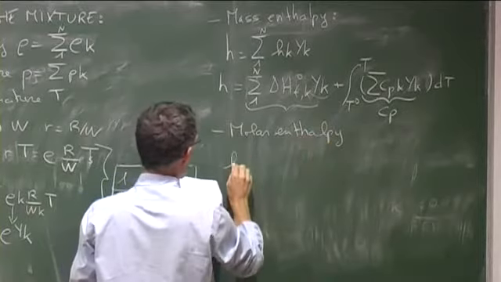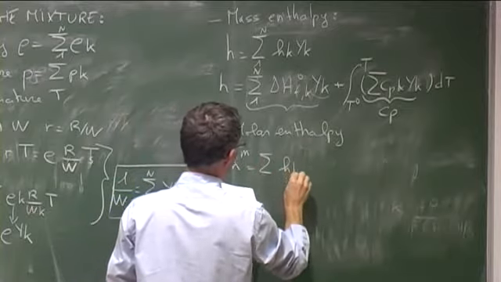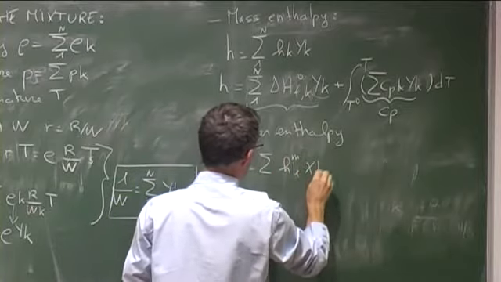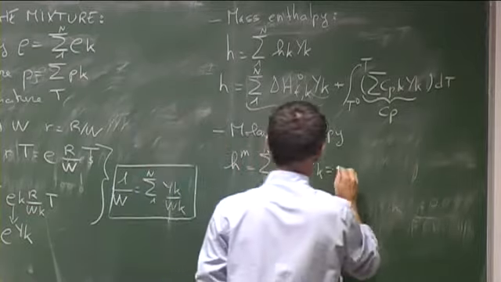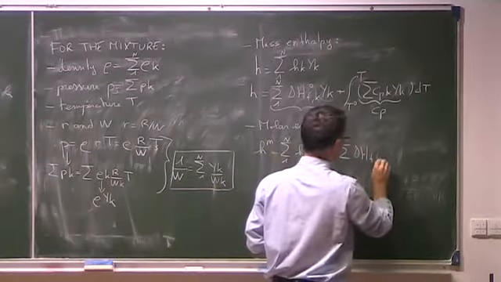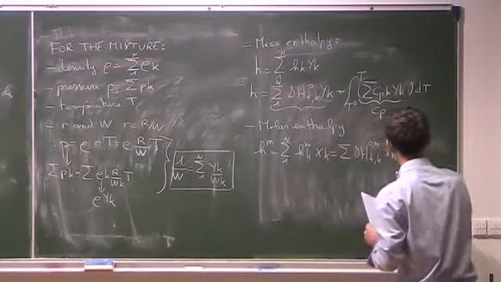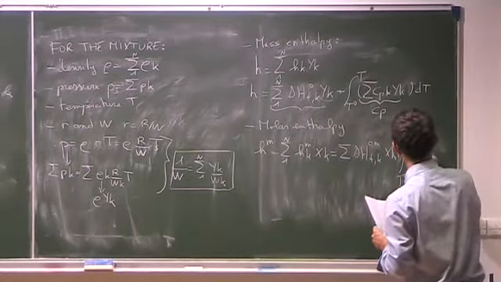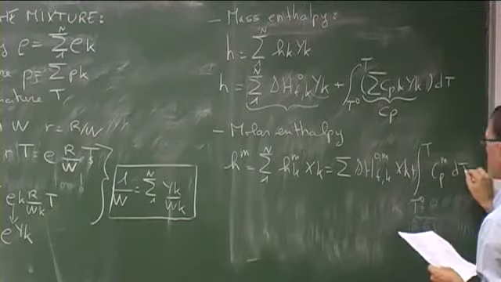The molar enthalpy is called Hm, and it's going to be the sum of the Hkm Xk, 1 to n, which is going to give you an expression like this one: the sum of the formation enthalpies times Xk plus the integral from T0 to T of Cp m dT.